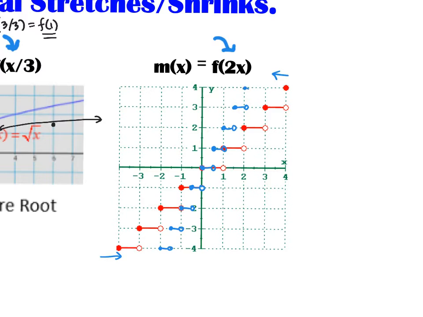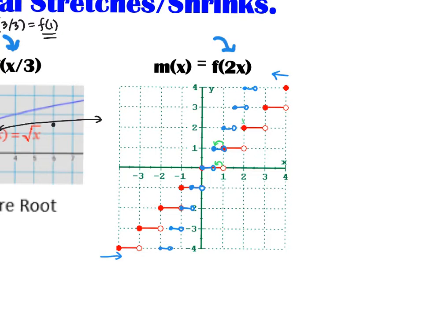Of course, you can see how, I guess I could work on trying to show you which points translate to which, but you might be able to see that. So this point obviously translates here. The closed circle that was there translates there. So again, we've compressed this by a factor of 1/2.